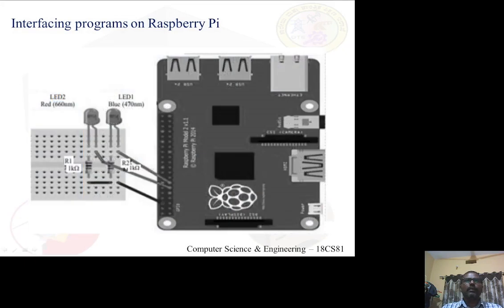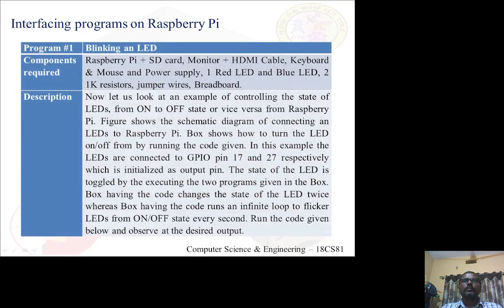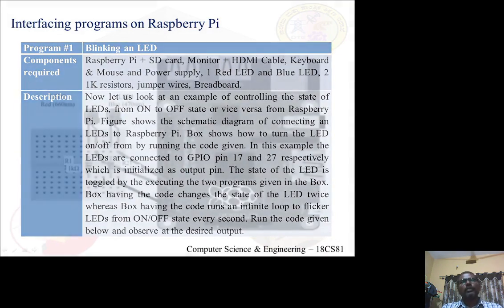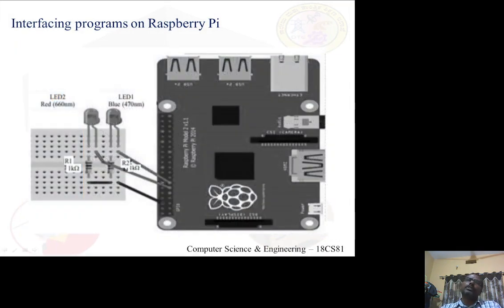So let us have a look at the schematic diagram. See here, I've used two LEDs. LED 1 is blue colored and LED 2 is red colored. Each of these two LEDs has two pins.